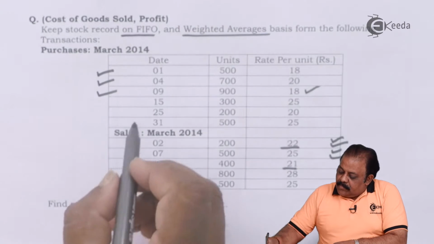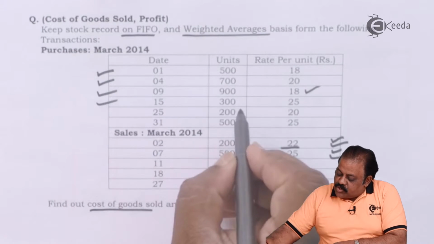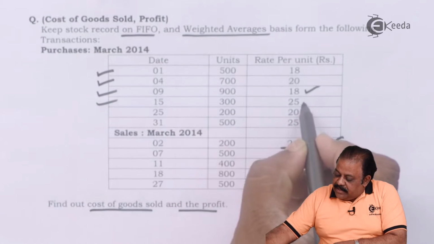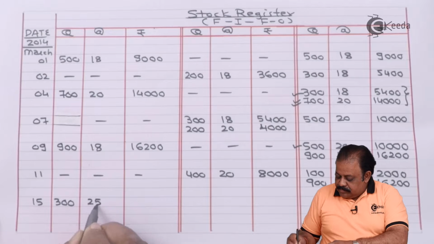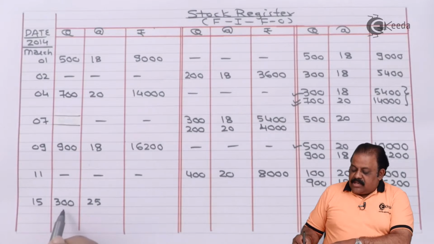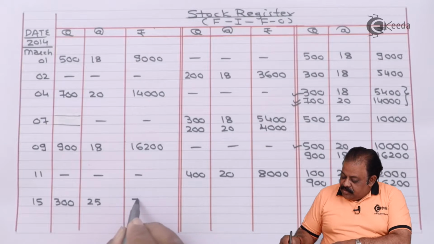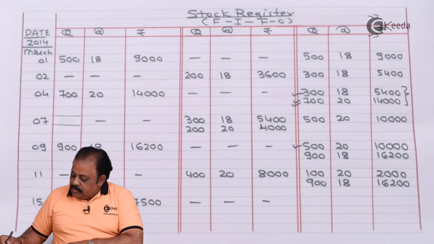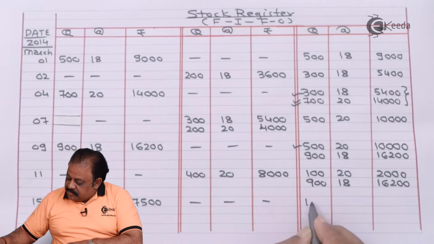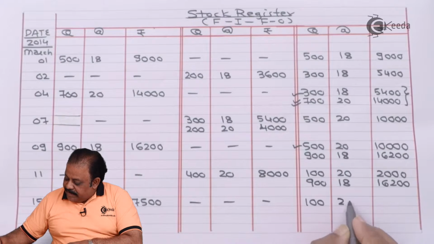Next 900 units at the rate of 18, 16,200. On 15th, there is purchase of 300 units at the rate of 25. 300 units are purchased at the rate of 25. So it is 7,500. Old stock, we have 100 units at the rate of 20.